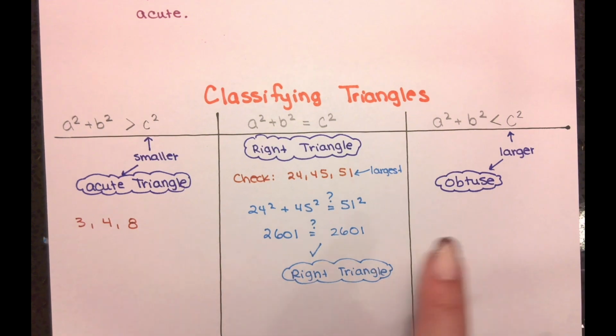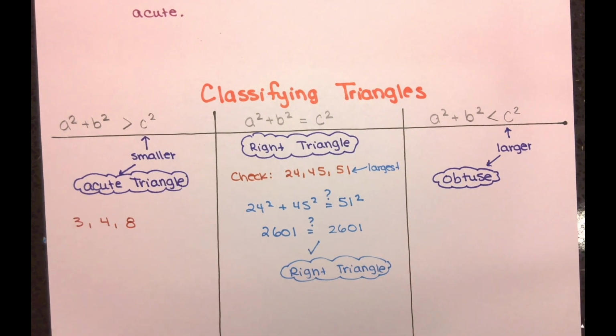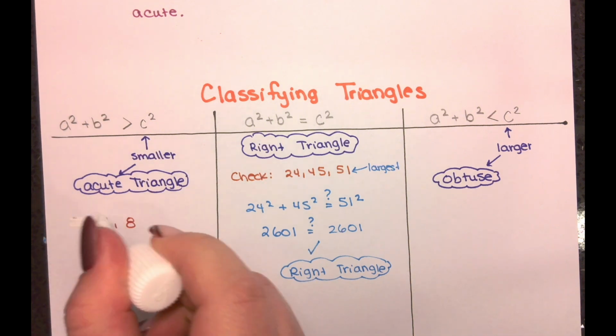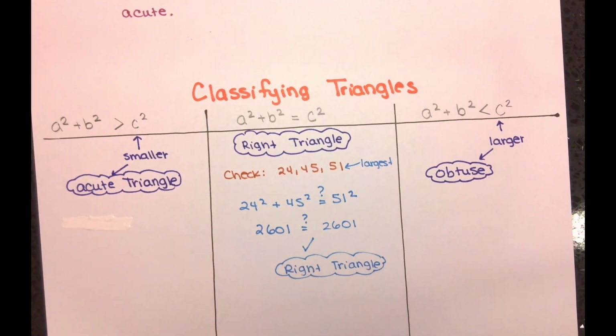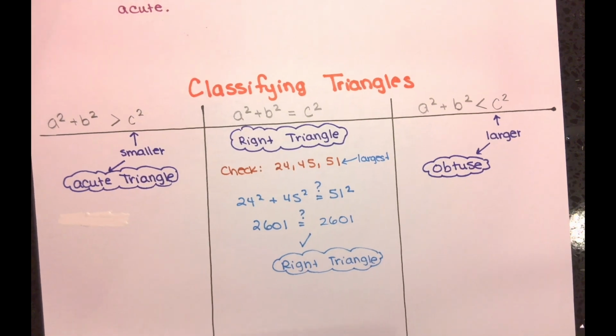And I'm hesitating because I think that's going to be an obtuse triangle. I'm going to go ahead and erase that. Let's do it off to the side because I don't want to put it under the acute triangle if it's not acute. I apologize for that. Hesitated there for a second. Let's do that 3, 4, 8 triangle, but off on a separate sheet of paper and then write it in the correct section here.